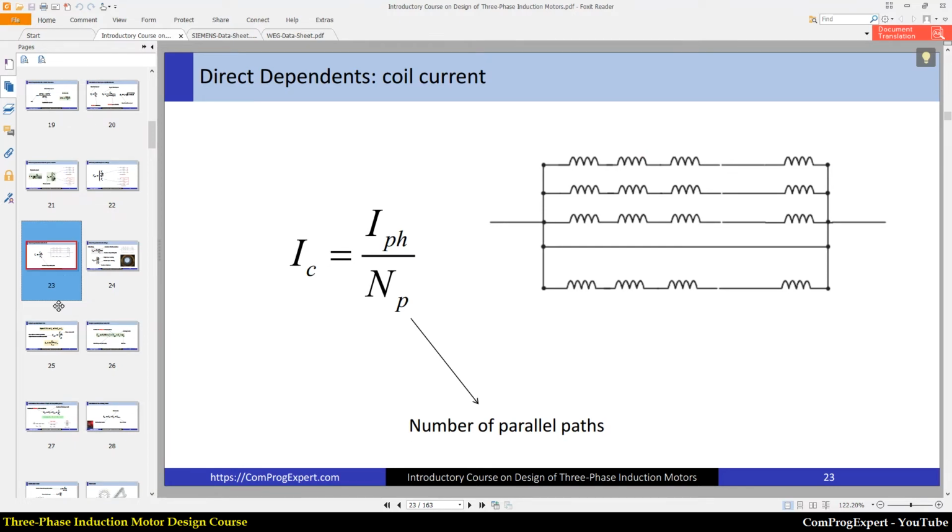As you know, sometimes we need to use a number of parallel paths in the stator winding, right? To reduce the amount of current in each branch and also reduce the wire size, to make winding easier.